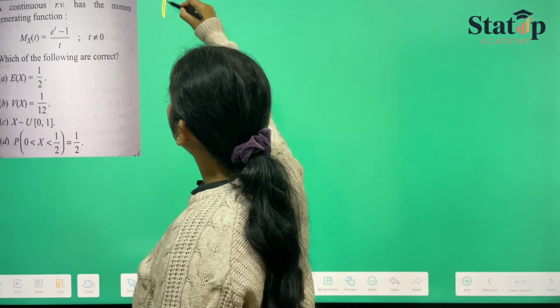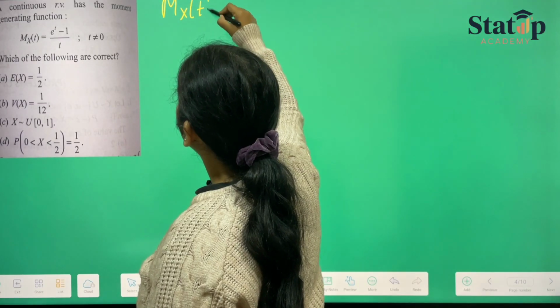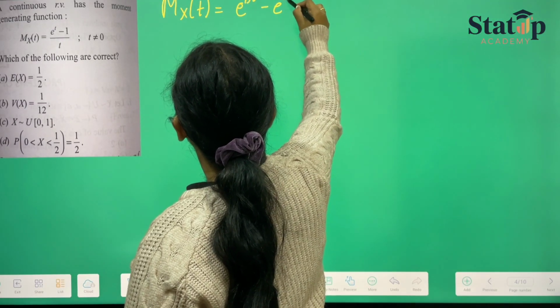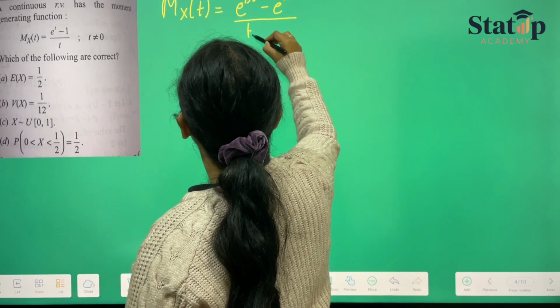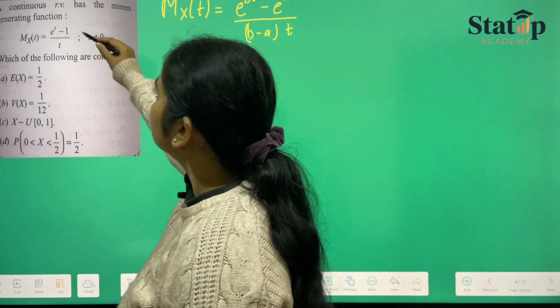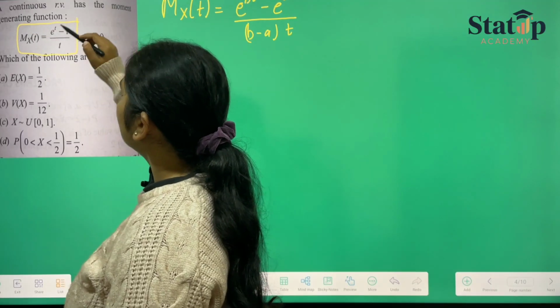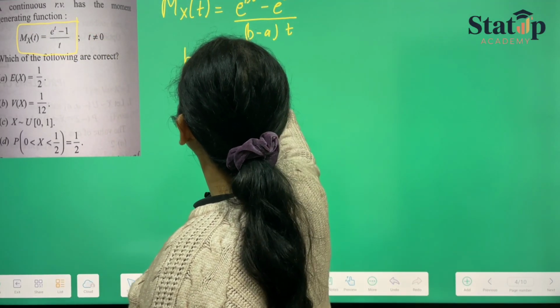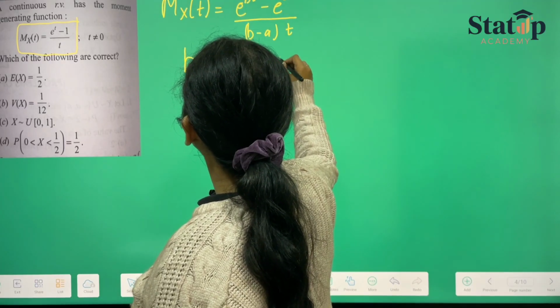So for a uniform distribution, M(t) is equal to e raised to the power bt minus e raised to the power at upon (b minus a) into t. Here, if we compare this with this MGF, then b is equal to 1, a is equal to 0. Then only it has become 1.